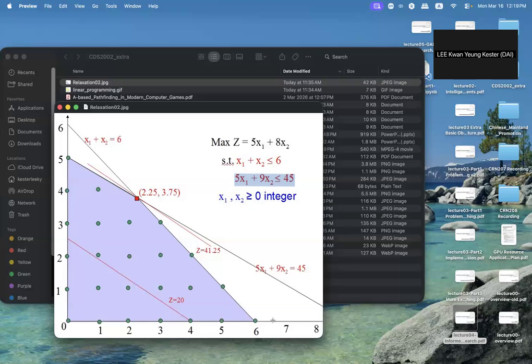By visualizing those constraints in the graph, we establish an area that contains all the possible values of x1 and x2.